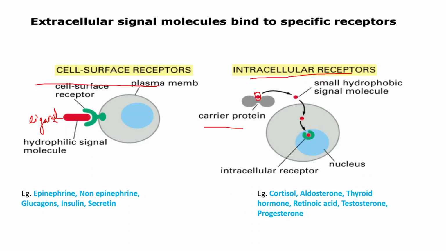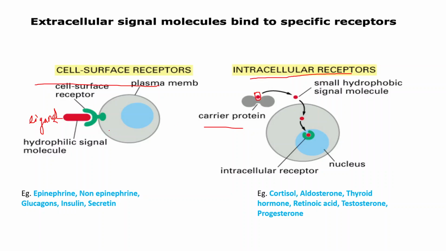This type of receptor is called the nuclear receptor or intracellular receptor because it is present inside of the cell. The ligand molecule in this case should be hydrophobic in nature because it is going inside the cell.